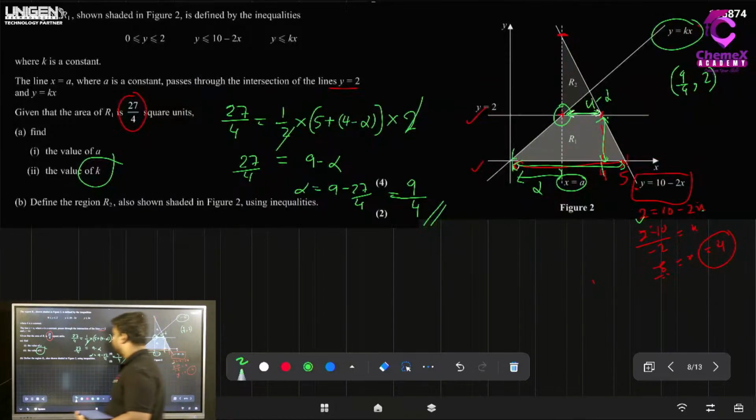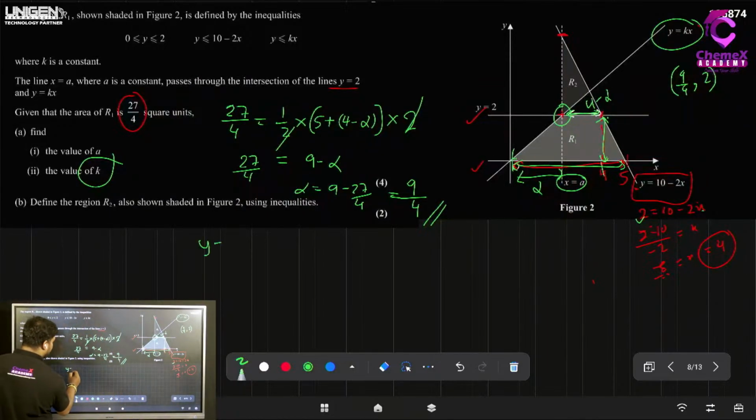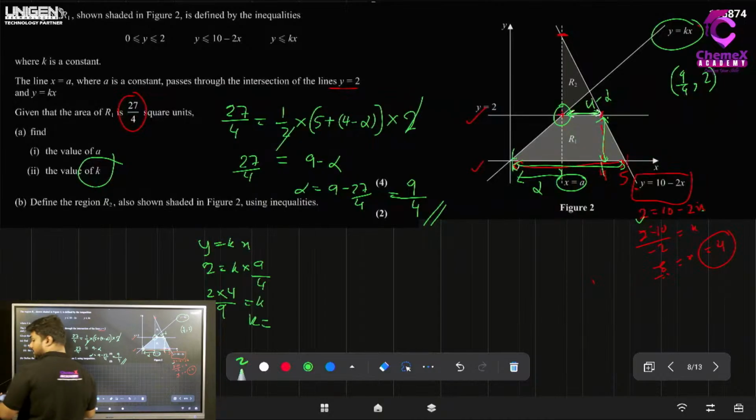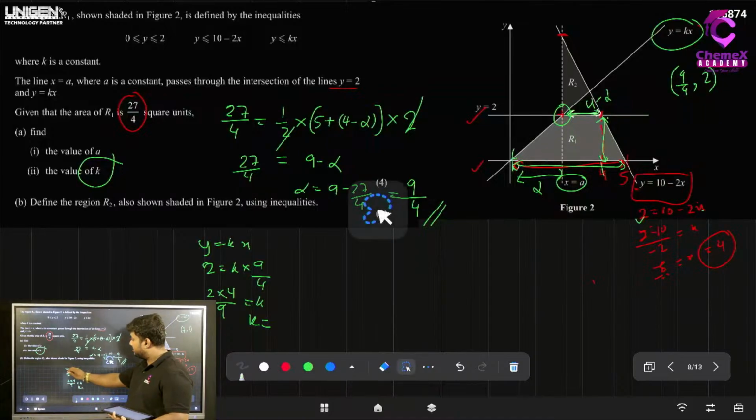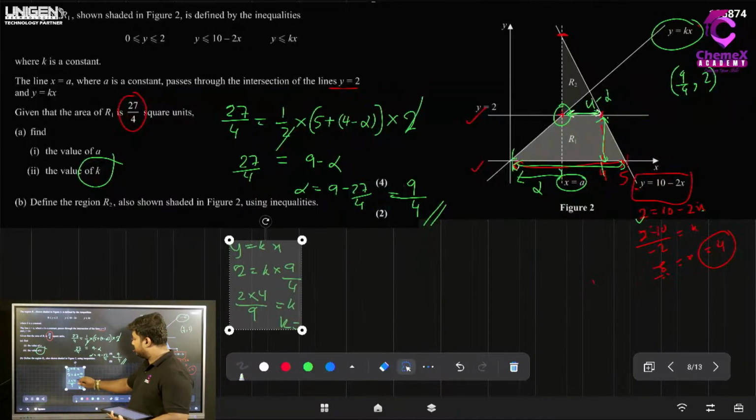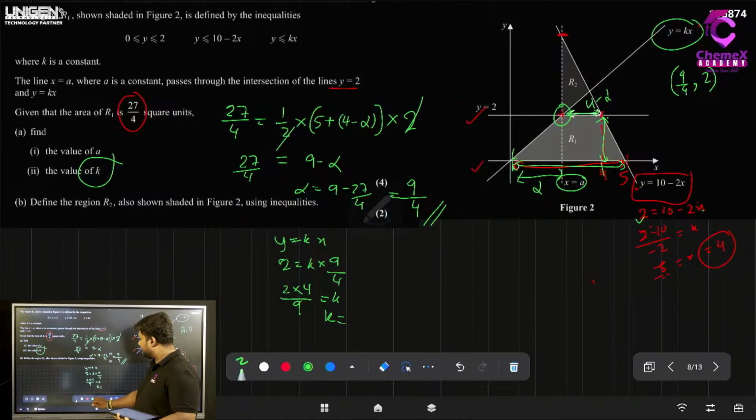Y equals kx, and y is 2, so 2 equals k times 9 over 4. So 2 into 4 divided by 9 is equal to k. I'll just take this to the other side. K equals 8 over 9. Understood? After finding alpha, it's just a simple thing.